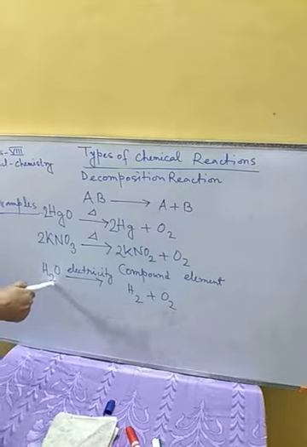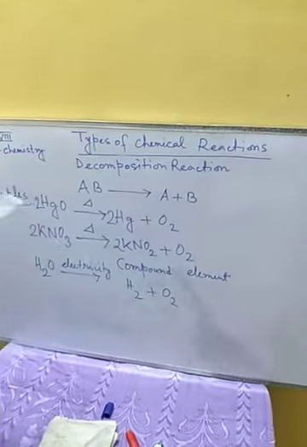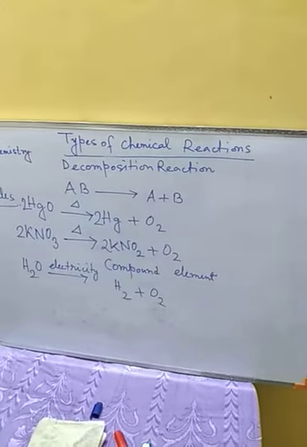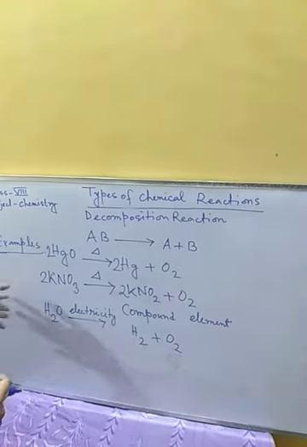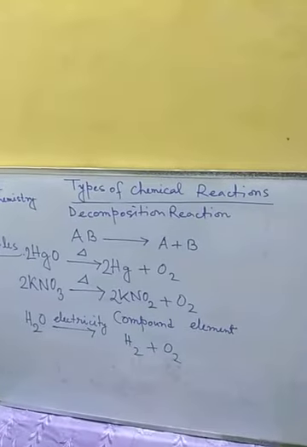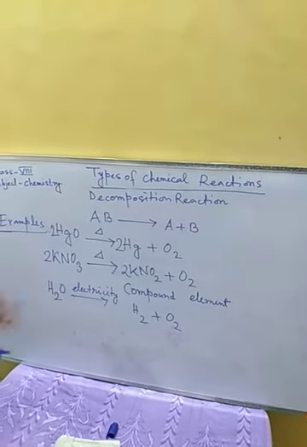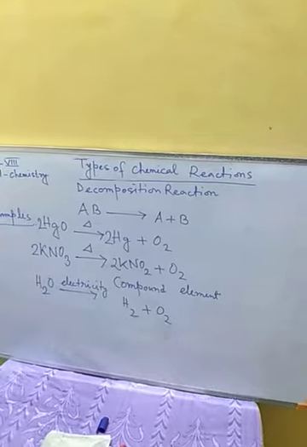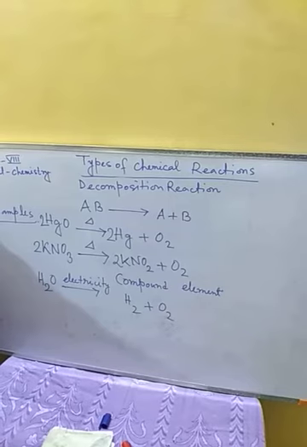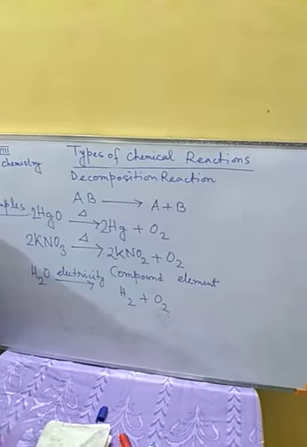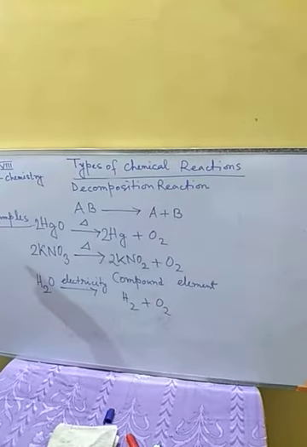So water will decompose to produce hydrogen and oxygen in this reaction. So electricity can also be used to get the decomposition reaction, like heat. It's a condition we can say. So heat or electricity both can be used for this decomposition reaction.